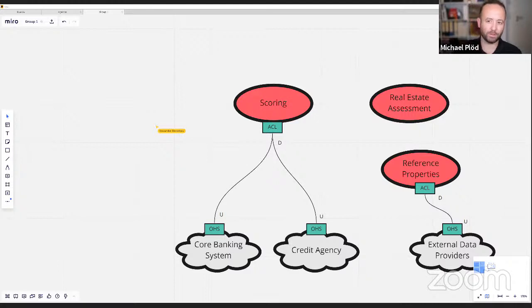So if I have 93%, I get 93 points. If I have 3 warning messages, that's a no-go criteria. And if I have a negative remark, that's a no-go criteria as well. Would anti-corruption layer still be the pattern of choice here?